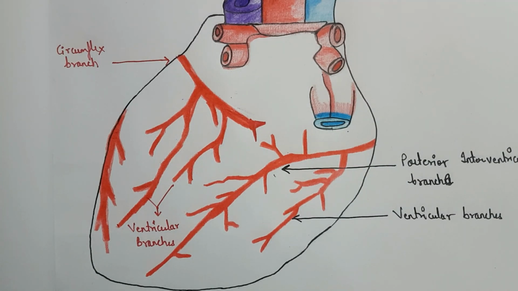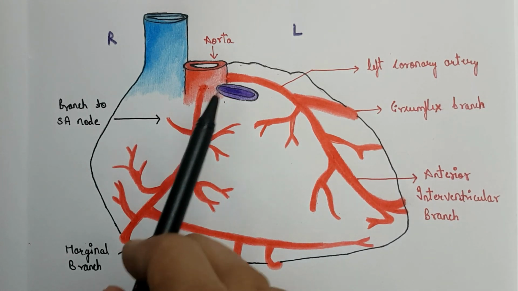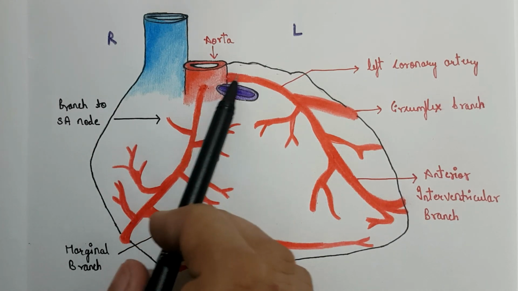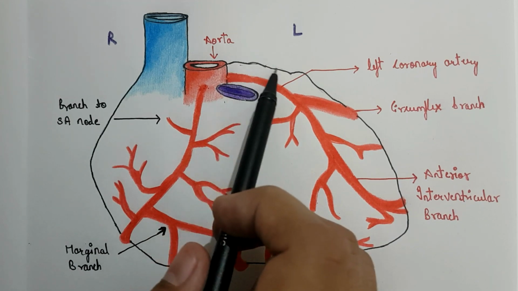Let us look into the course of the left coronary artery once more. This artery originates from the left posterior aortic sinus of the ascending aorta. It moves forward towards the left in between the pulmonary trunk and the left auricle.